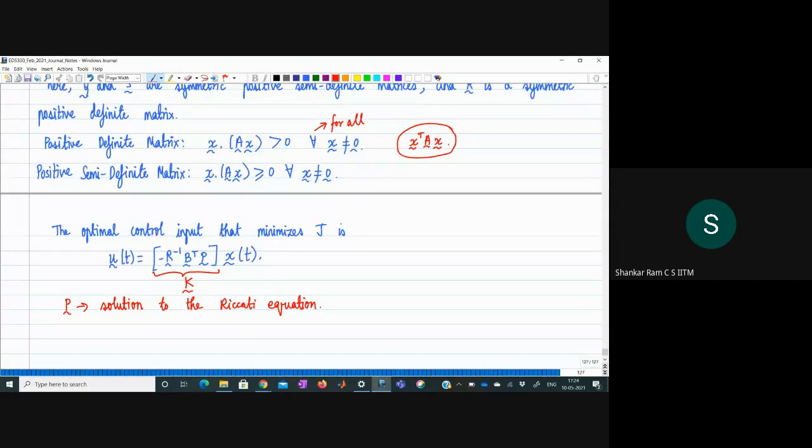This is the last topic I wanted to discuss as far as this particular course is concerned. Just to recap at a broad level, we learned various control techniques, both in the classical domain and the state space domain. In the transfer function domain, we looked at the PID controller, root locus design, and frequency response methods.